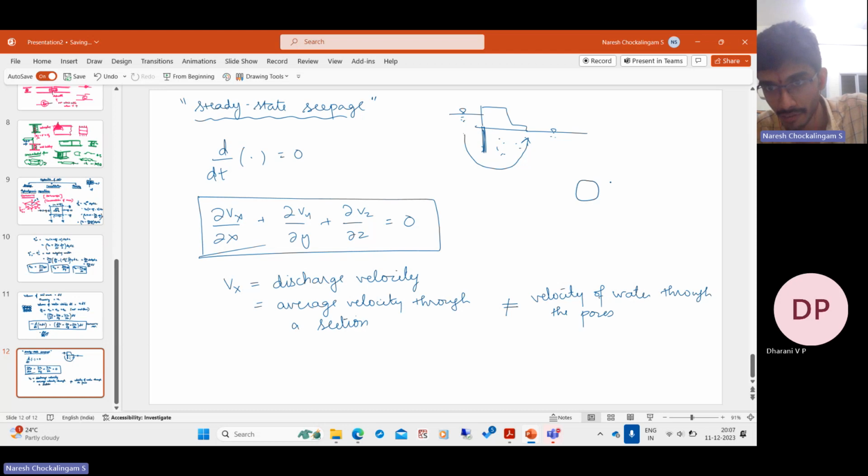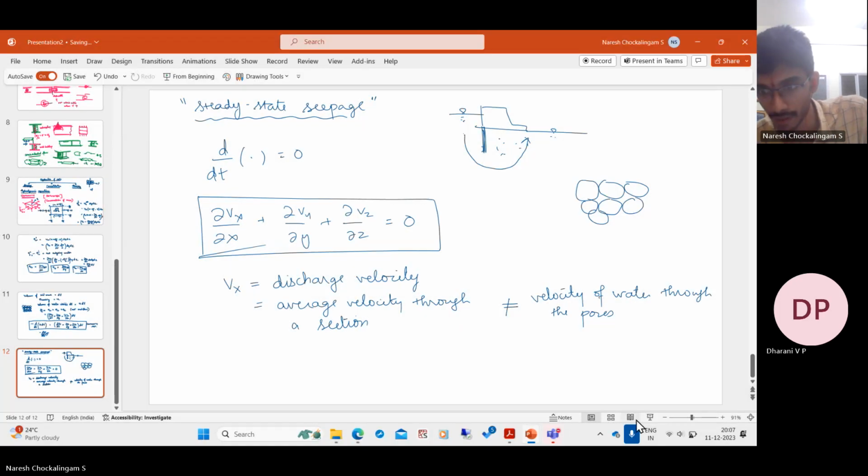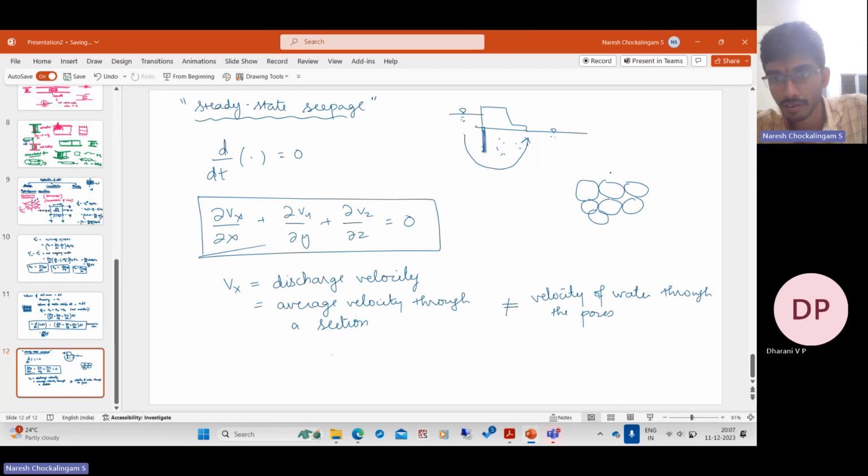Because you see, if suppose this is the cross section, the pores occupy a very small volume when compared to the area. Suppose this area is dA.